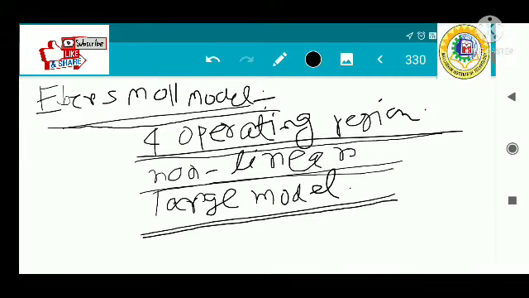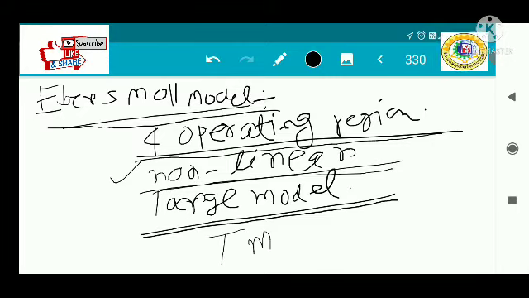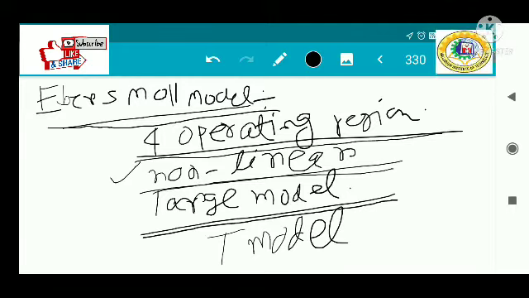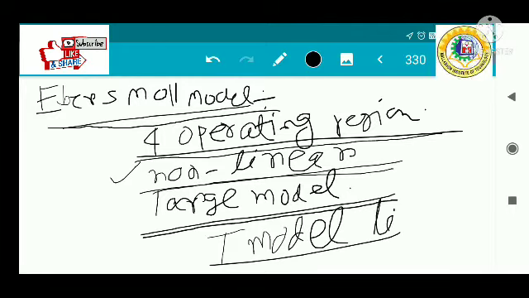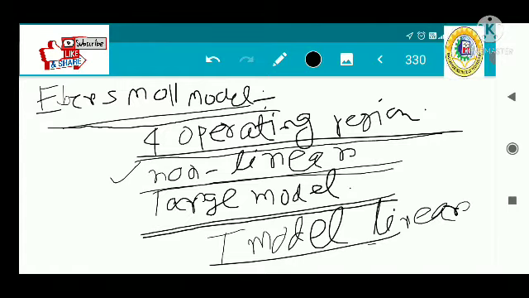From now onwards, with the basis of understanding the Ebers-Moll model, we will derive the transistor T model and analyze the circuit better with its help, because the T model is not a nonlinear model, it is a linear model.